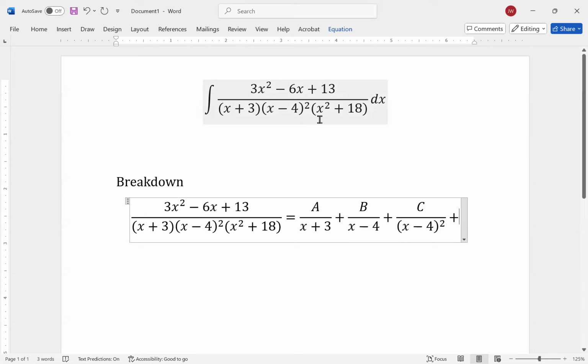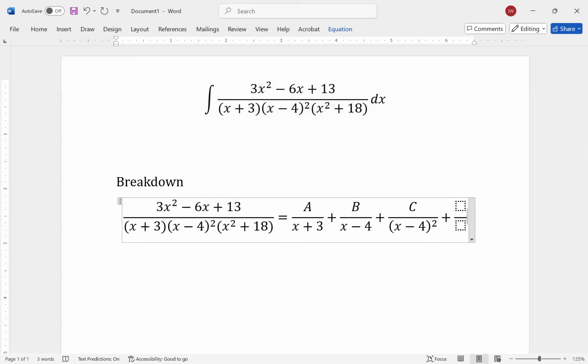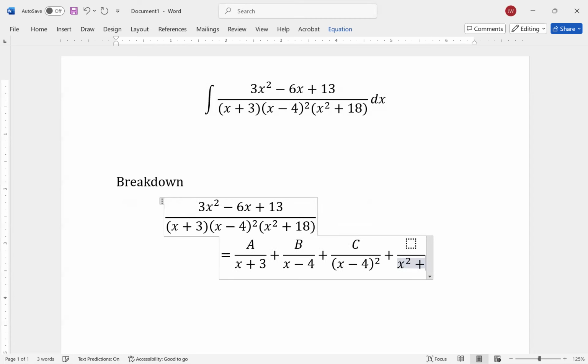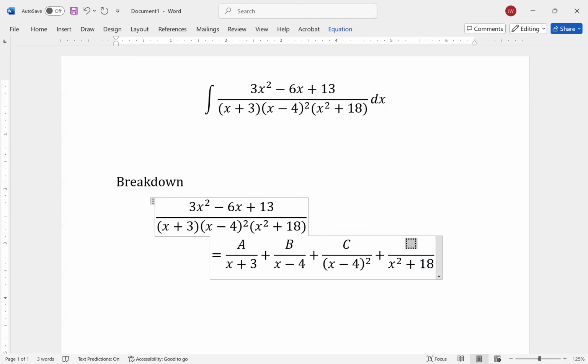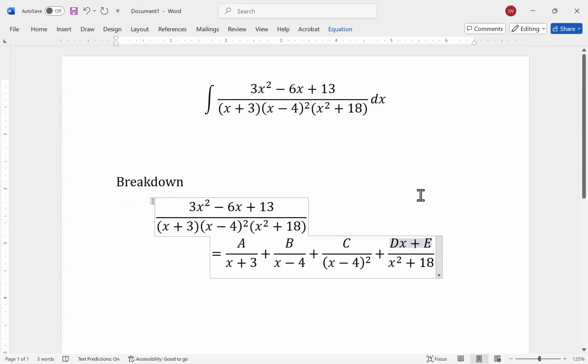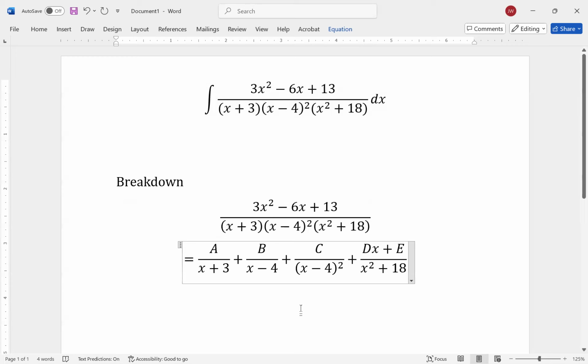In this case, the last factor is a quadratic that does not factor over the real numbers. So that gives me an x squared plus 18 in the denominator. Since that is a quadratic, I'd have a dx plus e, a linear piece in the numerator. So that's my breakdown.